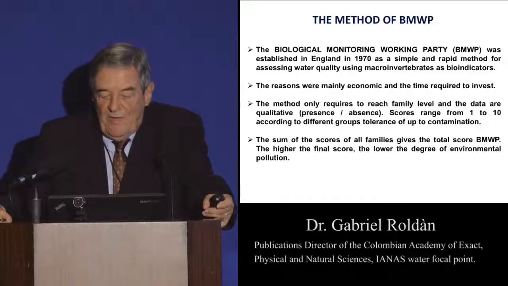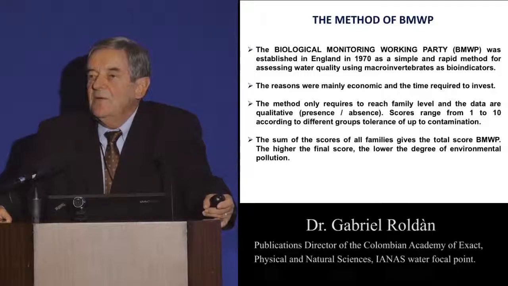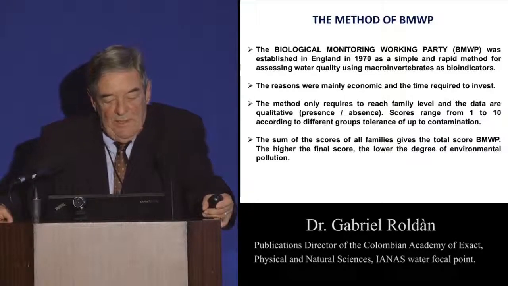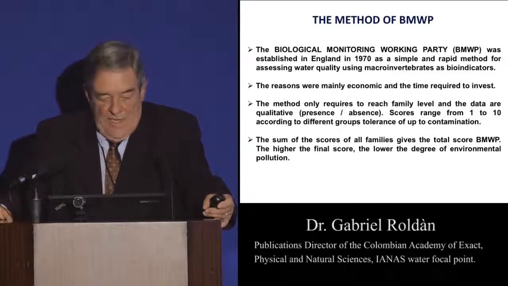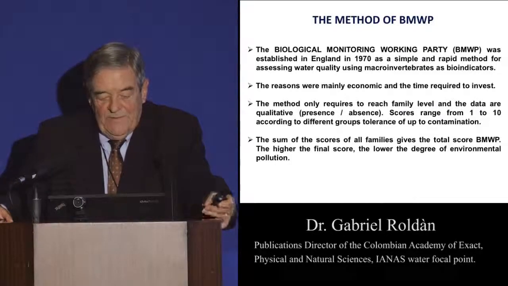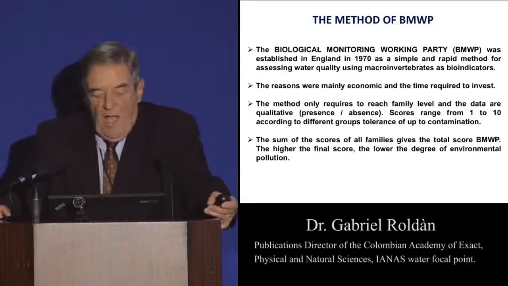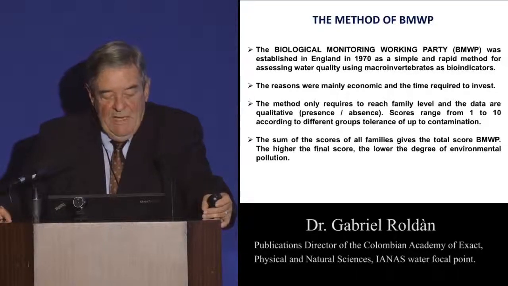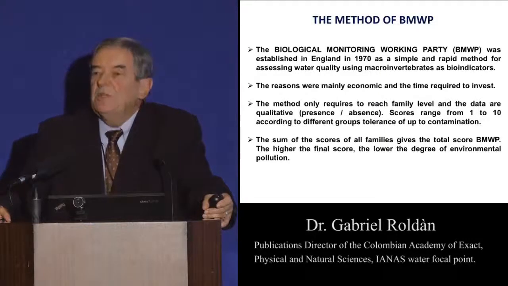The reasons were mainly economic and the time required to invest: it is economic, and the time to invest is very short. The method only requires identification to family level, and the data is qualitative. This is just to say presence or absence. Scores range from 1 to 10 according to different groups' tolerance of contamination.